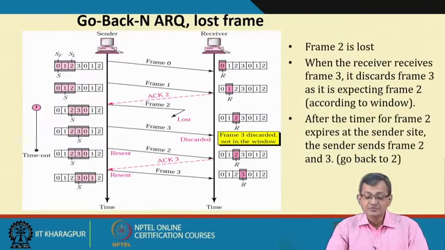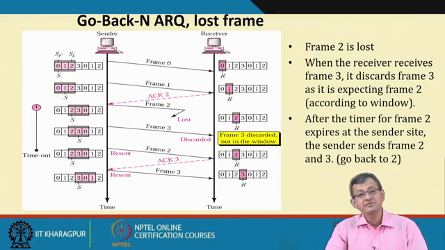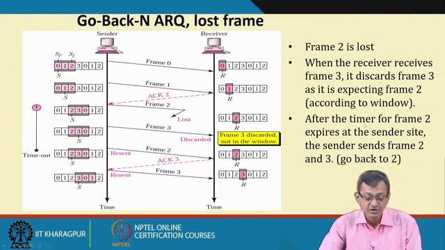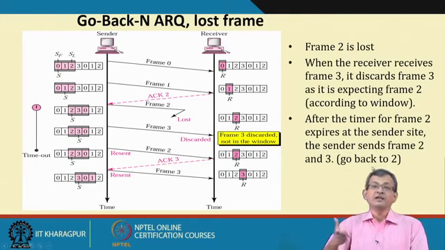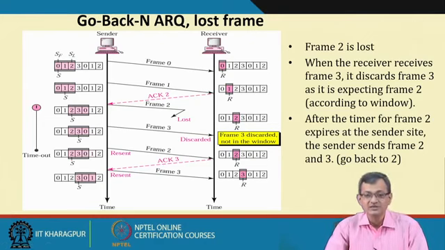In case of a lost frame, say frame 2 is lost, when the receiver receives frame 3, it discards frame 3 because it is expecting frame 2. The timer for frame 2 expires on the sender side, and the sender resends frame 2 and 3, that is, it goes back to 2 in this case.